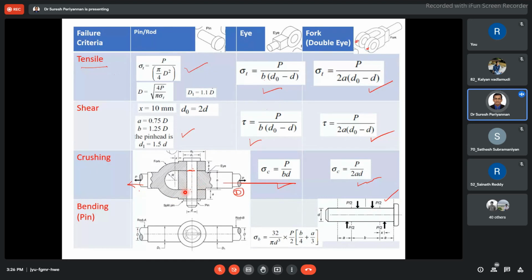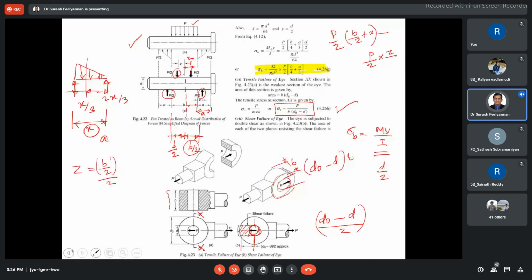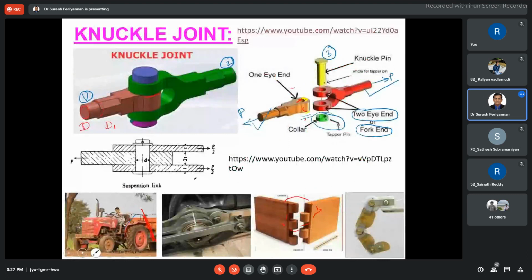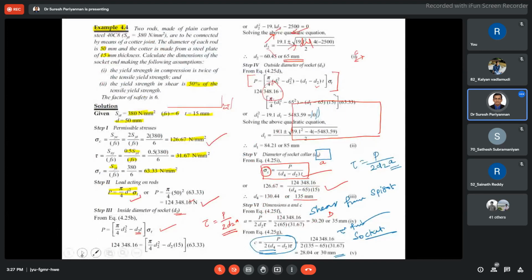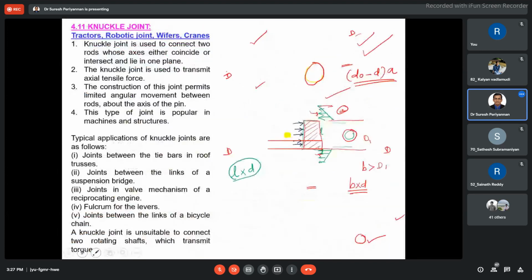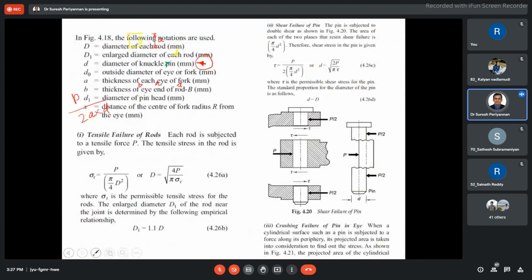Later we discussed crushing failure of the pin with respect to the eye.